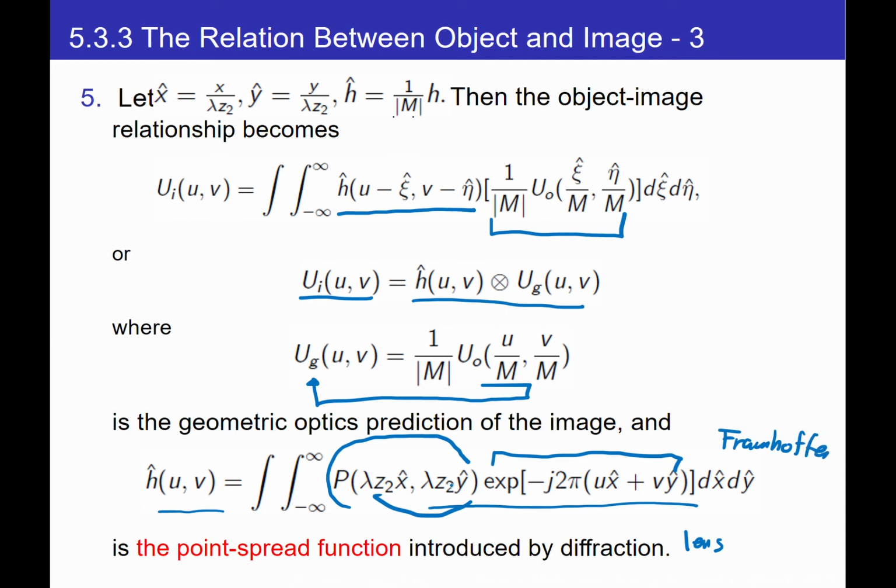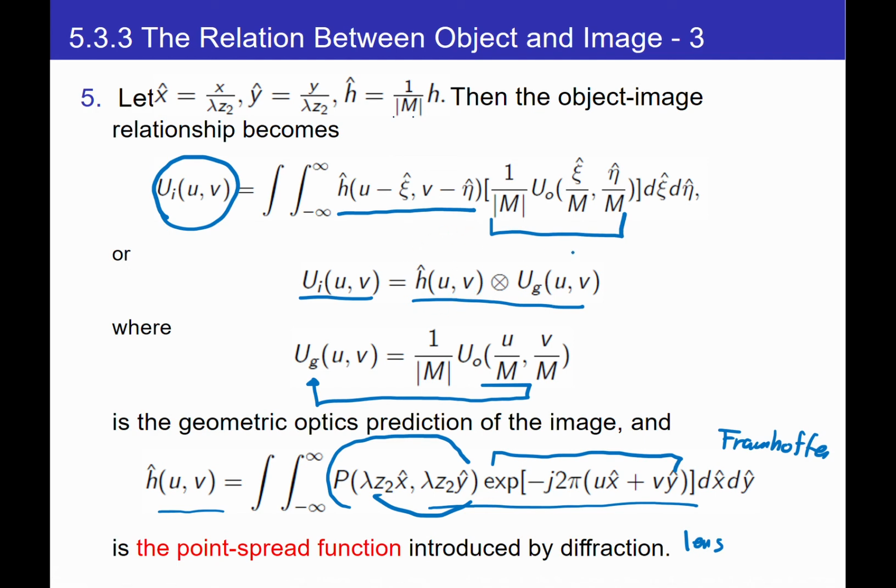So in fact, it is the Fourier transform, but you can say that it is the Fraunhofer diffraction. So, long story short, we get the image by a convolution.